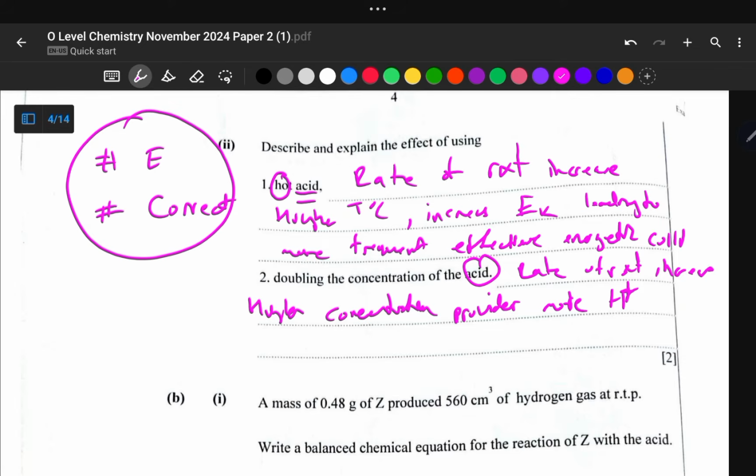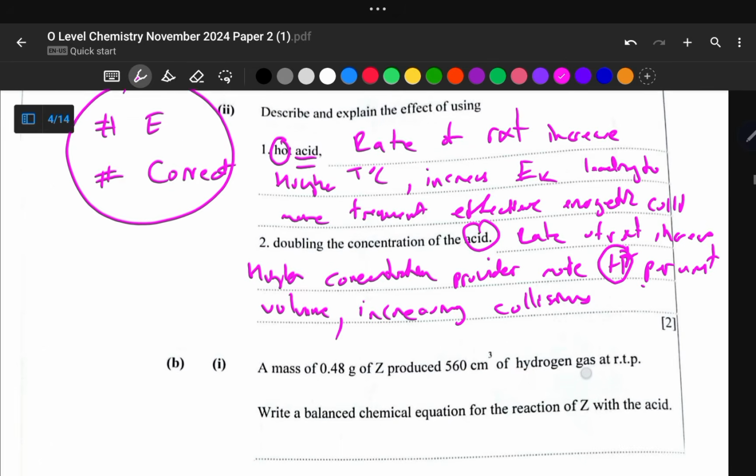So increasing the concentration of the acid will increase the concentration of these protons, so the protons will increase per unit volume, thereby increasing the frequency of collisions for the reaction to take place, right? So you should know the reaction kinetics by heart: the Boltzmann distribution curve, the effect of temperature, the effect of concentration, and the effect of the catalyst, right?